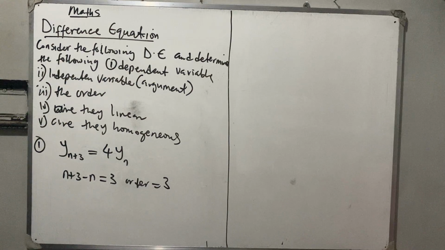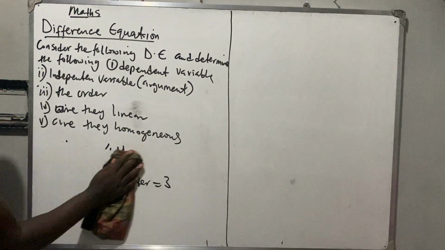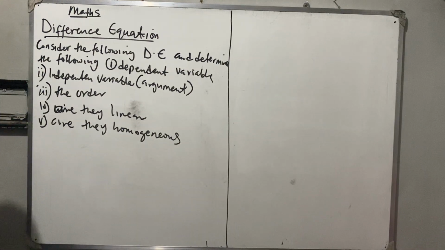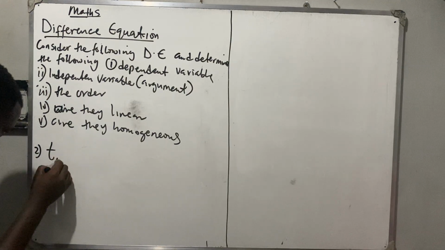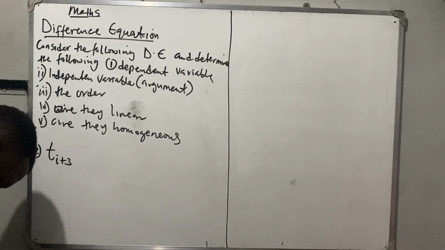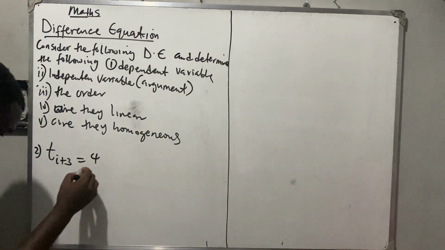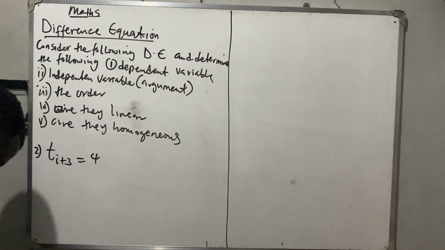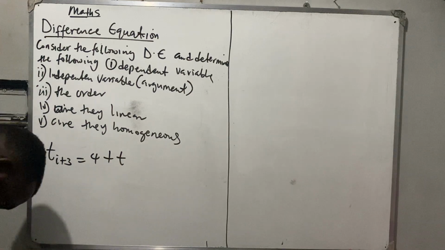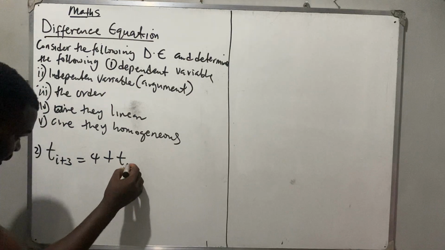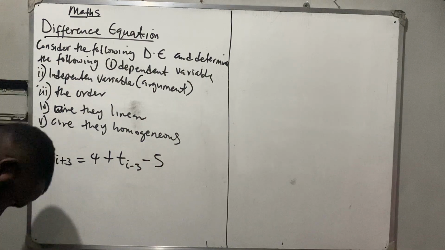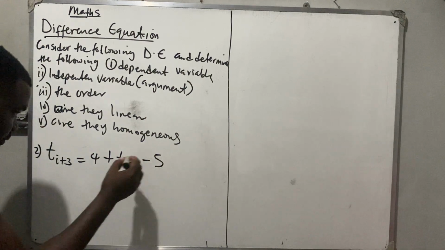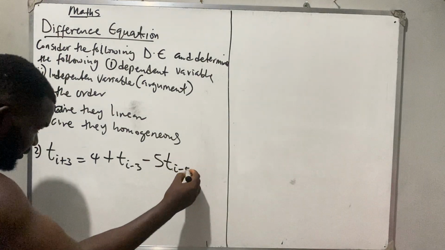So for number two, it says t(i+3) is equal to 4 plus t(i-3) minus 5 t(i-5).